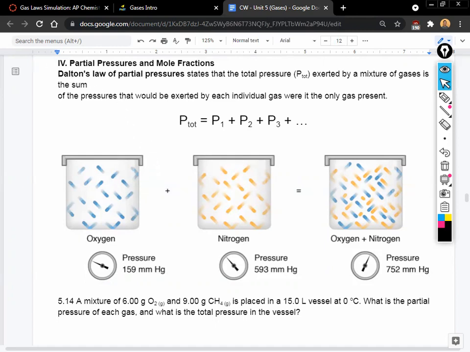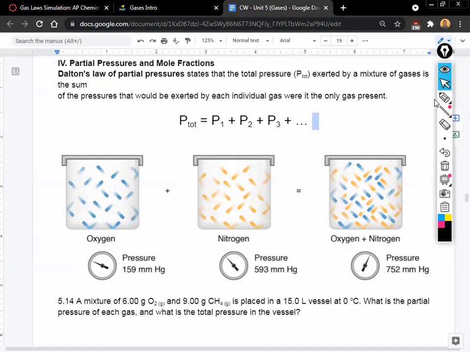And so there's a law called Dalton's law of partial pressures, and it basically tells us that the total pressure of a gas mixture is equivalent to the sum of the pressures of each individual gas. So this is the equation right here.